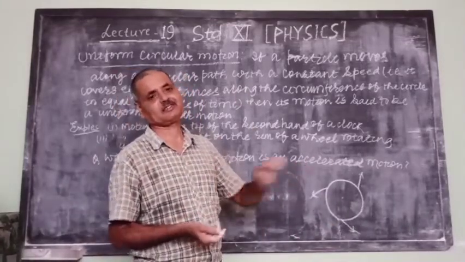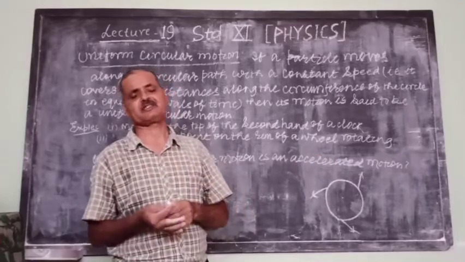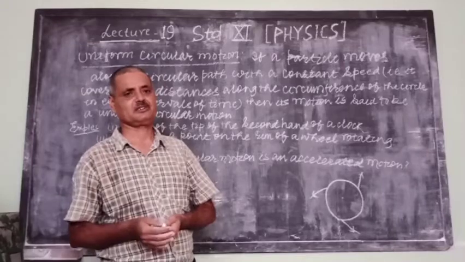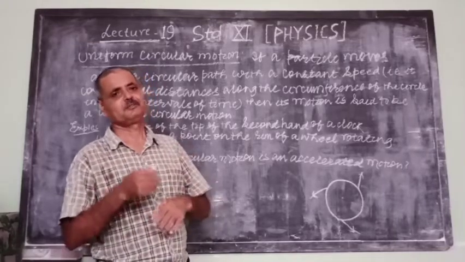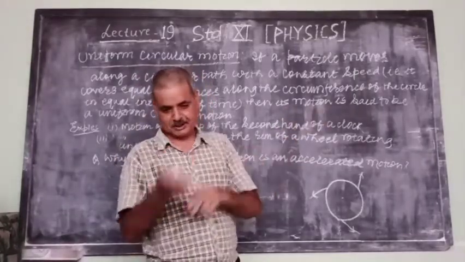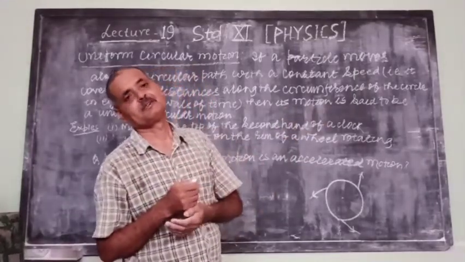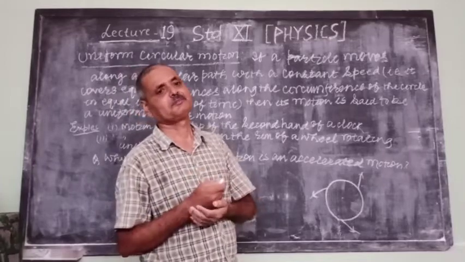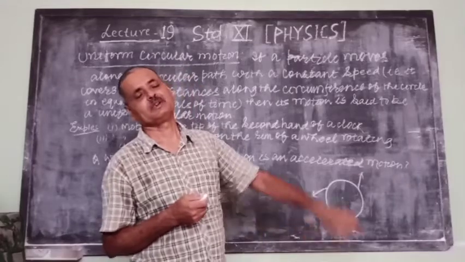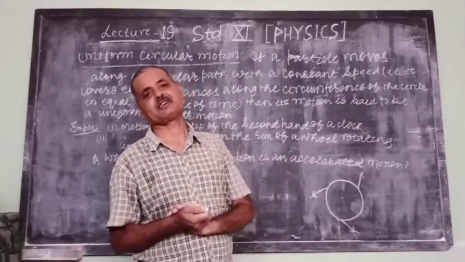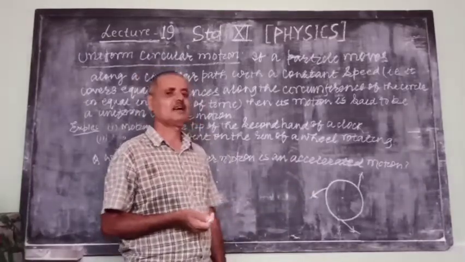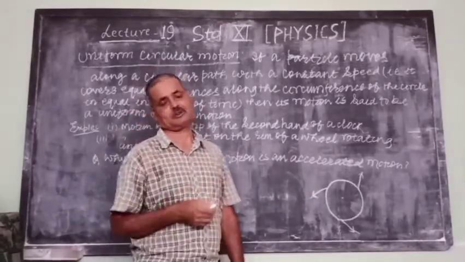Why is acceleration involved? Acceleration means the rate of change of velocity. At every moment its speed is the same, but the direction is not the same. It changes direction at every moment, so it is called accelerated motion.